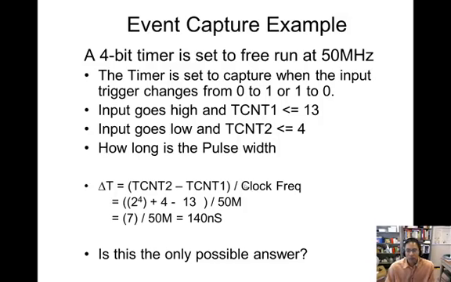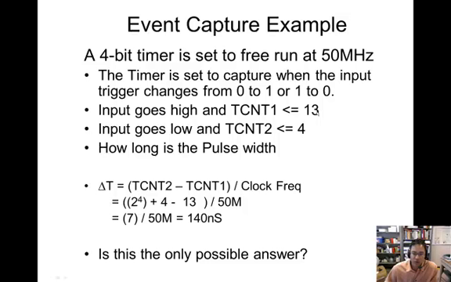So let's say we have this scenario where we have a 4-bit timer, and it's set to free run at 50 megahertz. And so if we had this situation where tcount1 was 13 and tcount2 is 4, what we can do is subtract, right?